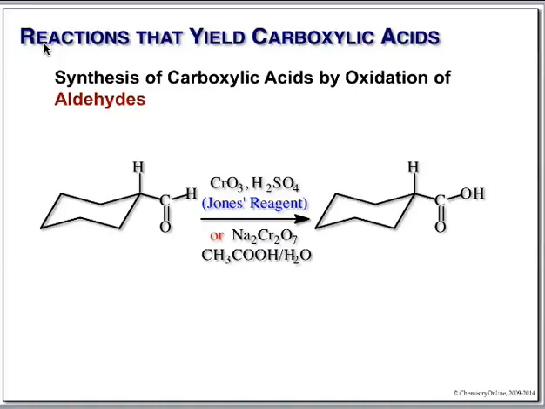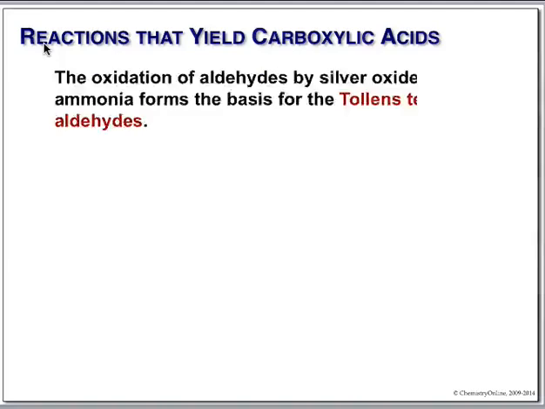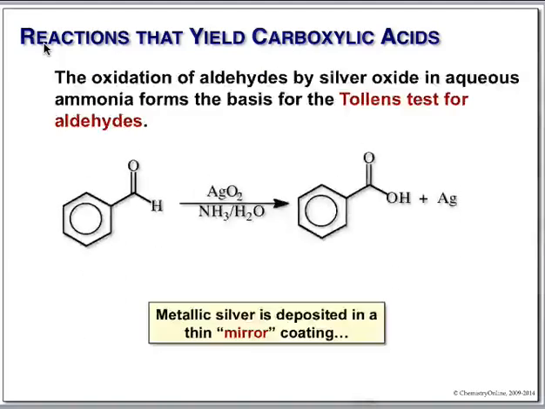There's also a very sweet way to convert an aldehyde into a carboxylic acid. And this is the basis of what's known as the Tollen's test. Now this is one of the really fun things that we used to be able to do in lab.